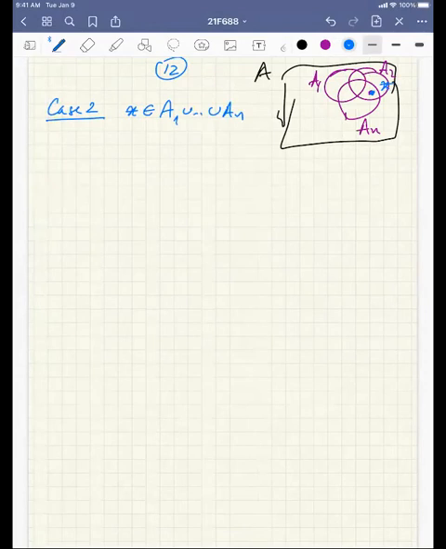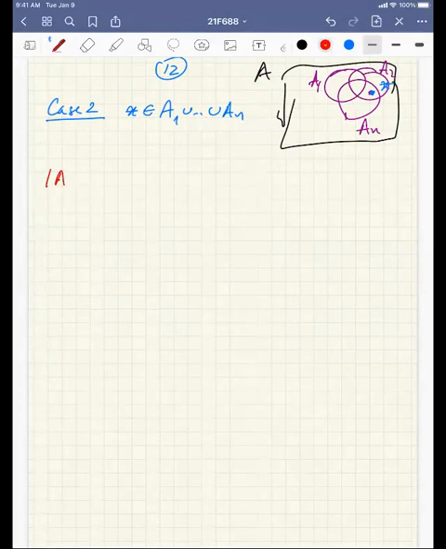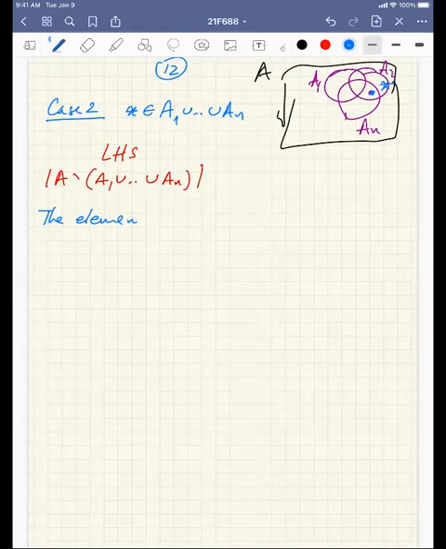And in that case, what were our left and right hand side? So the left hand side was A minus the union. This is the left hand side. So in this case, really the element x contributes 0 to the left hand side because it's not there.